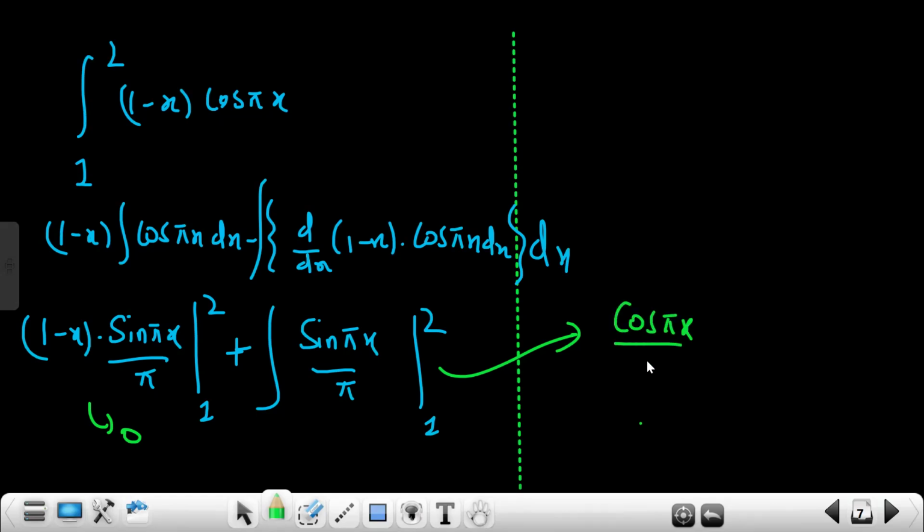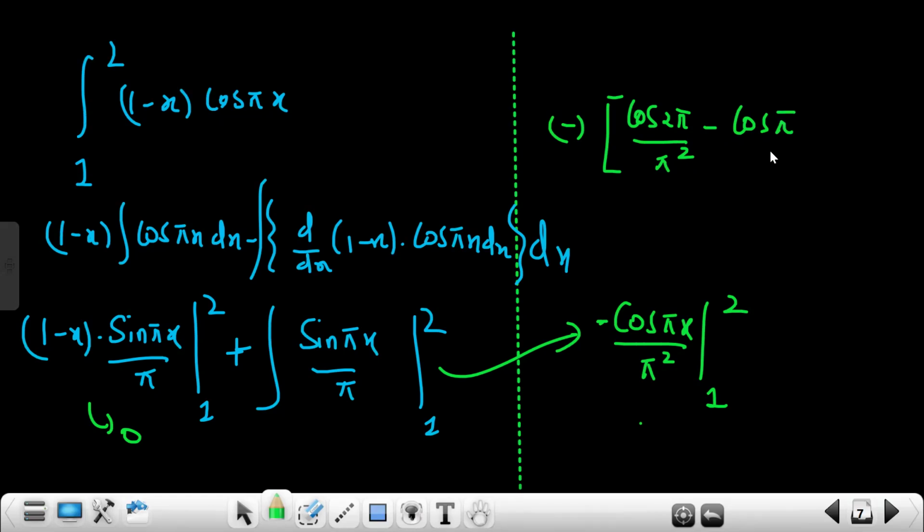And this part, if we see what we will get: cos pi x by pi square from 1 to 2. So keep the minus outside. Cos 2 pi by pi square minus cos pi by pi square. Cos 2 pi is 1. So 1 by pi square plus 1 by pi square.